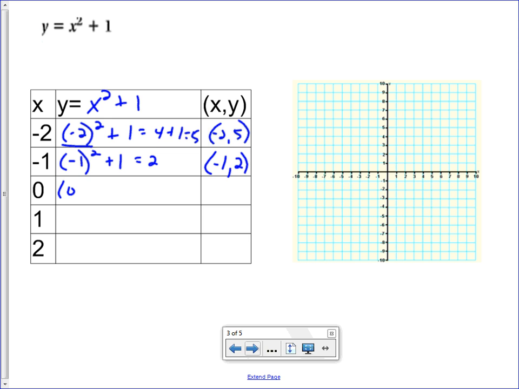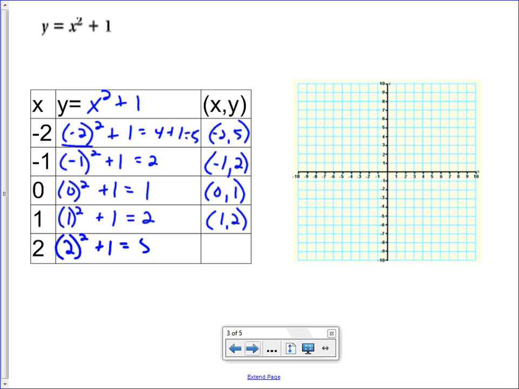Next one, if I put in a 0 and square it, I'm still going to have 0. Plus 1 is going to be a 1. So I'd have a 0, 1 for an ordered pair. If I put in a 1 on the next one, I'd have a 1 squared, which is 1. Plus 1 is 2. So I'd have the ordered pair 1, 2. And last one, if I take a 2 and I square it, would be a 4.